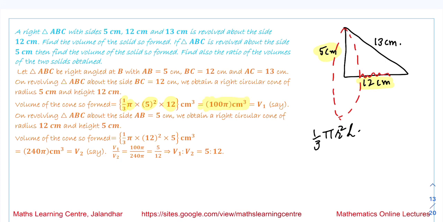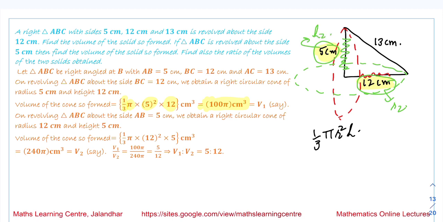Next, if triangle ABC is revolved about the side of 5 centimeter, now this side is fixed and it is revolved in this way. So this 12 is the radius now and this is the height. So we have to find the volume of the solid so formed.